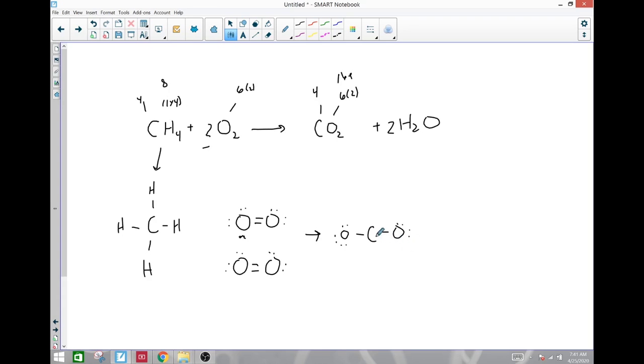You can do it either way. Put here 16. This one is short 2 pairs. So take a pair off this one and share it there. Take a pair off this one, share it here. This is the most standard way in which we show carbon dioxide.